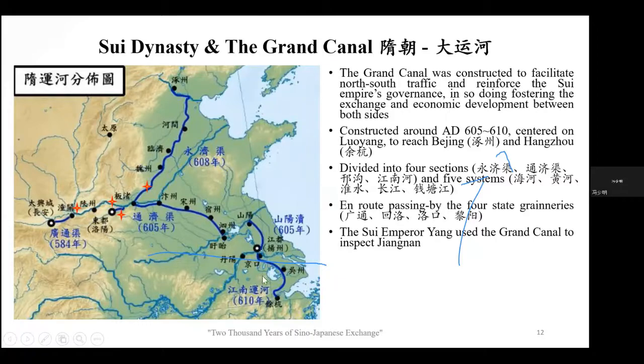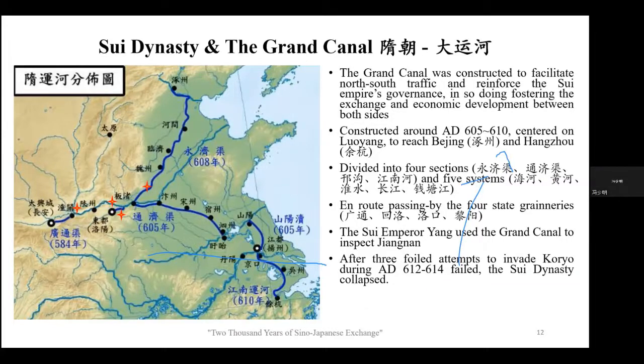And this allowed a lot of trade and commerce as well as political stability, right? And it's divided into 4 sections and 5 systems. So there was an elaborate system to make sure that you can have the emperor visit the different areas of the country.